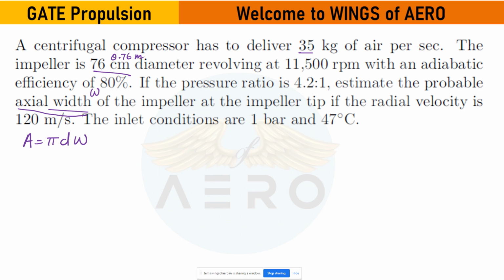The mass flow rate is given, N is given, adiabatic efficiency is given, pressure ratio is given, and the radial velocity at the impeller tip has been given. That means the CR value at the tip has been given.